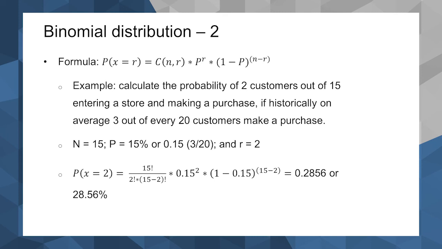Then you do the same, replacing the 2 with 1, so 15 factorial over 1 factorial times 15 minus 1 factorial times 0.15 to the power of 1 times 1 minus 0.15 to the power of 15 minus 1. And then you've got the probability of 2 here. And to calculate the probability of no more than 2, you'd add the probability of 0, probability of 1, and probability of 2. Okay.